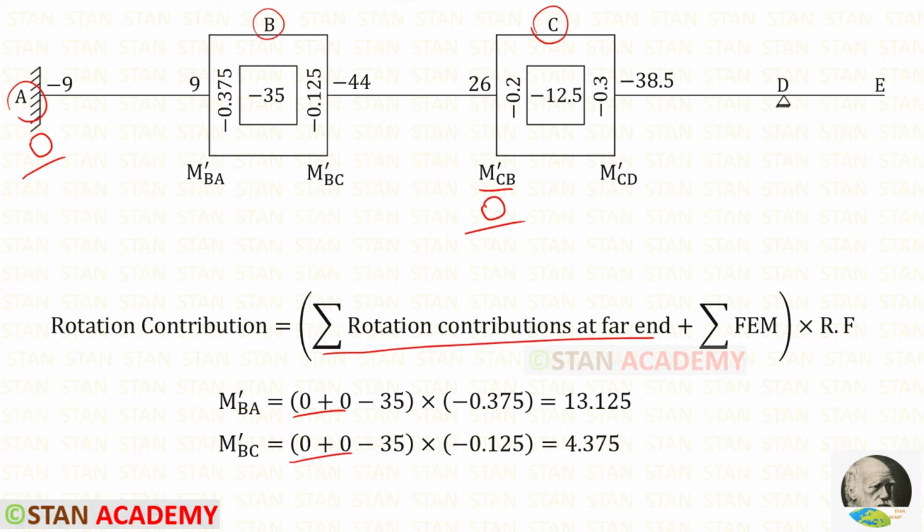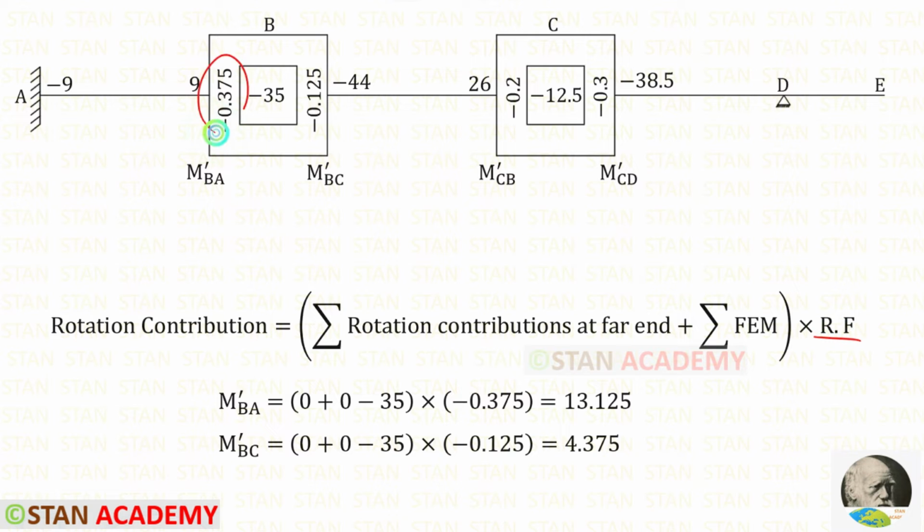The summation of fixed end moment is minus 35. The rotation factor for BA is minus 0.375 and for BC it is minus 0.125. When we calculate this, we will get M dash BA and M dash BC. Let us enter both of them.